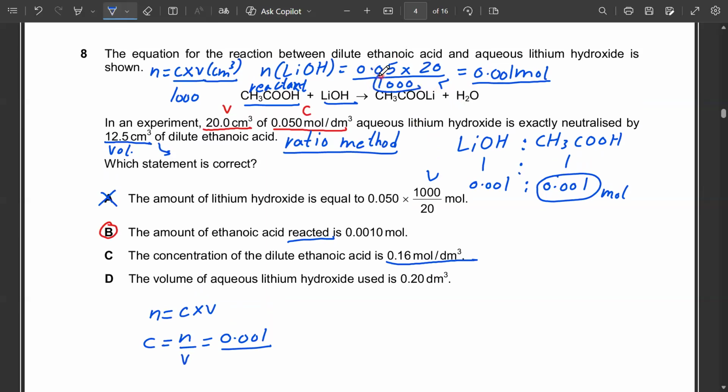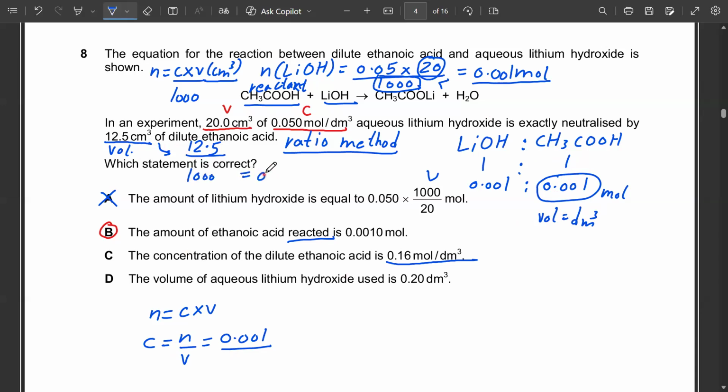When I divided by 1000, I converted the volume of lithium hydroxide into dm³. And the amount of mole calculated was also checked with the ethanoic acid. That means this value is for volume in dm³. That's why I have to convert this value into dm³. That is simple: 12.5 divided by 1000.